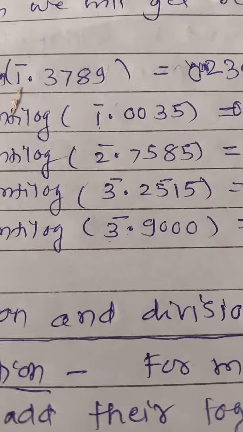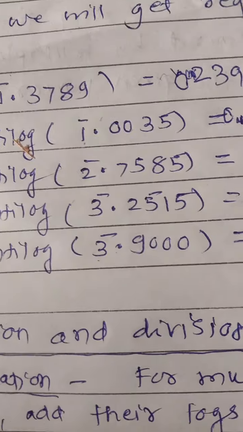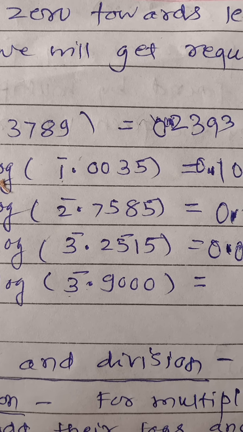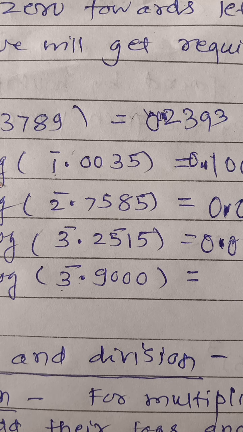Then one more, the last part. One more numerical, and that numerical is bar 3.9000.